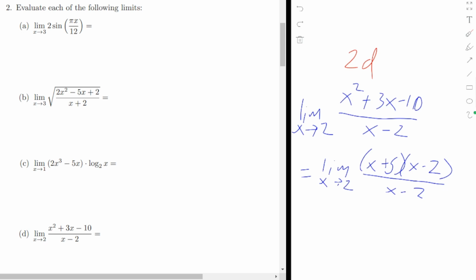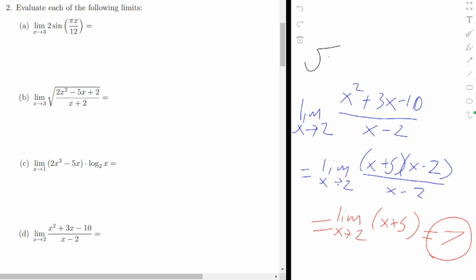Now, using the useful rule, this equals the limit as x goes to 2 of just x plus 5, right? And that is, through direct sub, just 7. Okay? So, in summary, the answers to question 2, again, were square root 2, 1, 0, and 7.